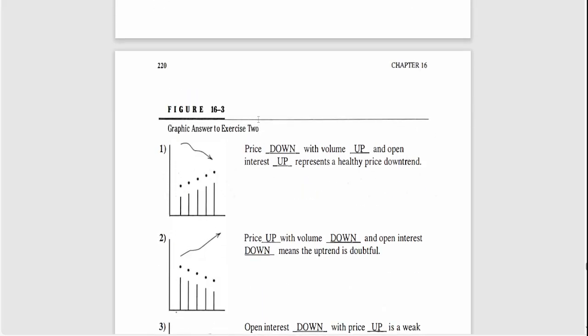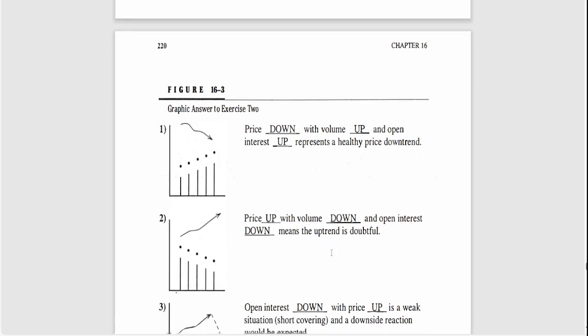Look, when price is going down and volume is up, and open interest is also up, that represents a healthy price downtrend. This is very important. When price is going up, volume is down, and open interest is down, that means the uptrend is doubtful.